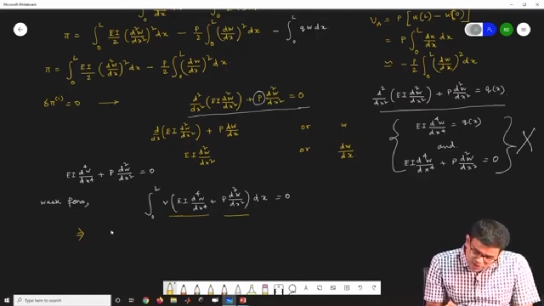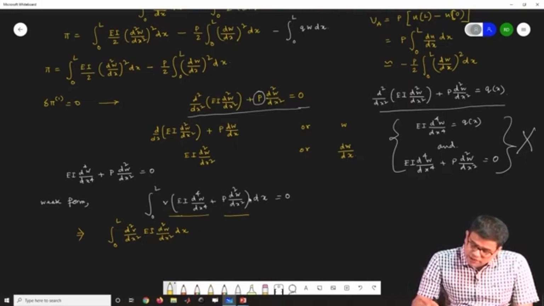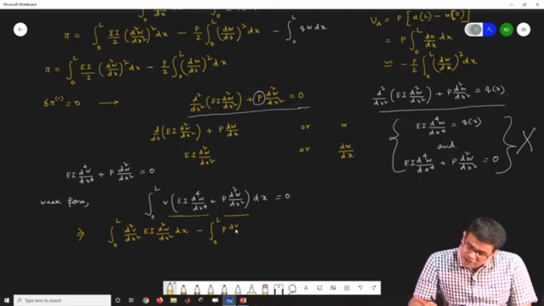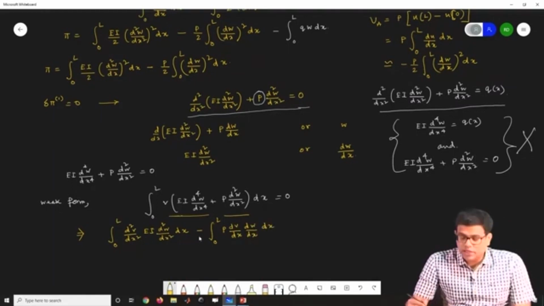So 2 times integration by parts gives integral 0 to L d2v dx square EI d2w dx square dx, and for this there will be a minus, integral 0 to L P dw/dx dv/dx. Then there will be boundary conditions.